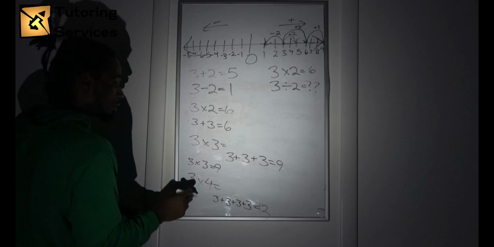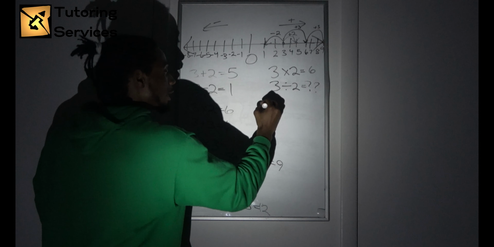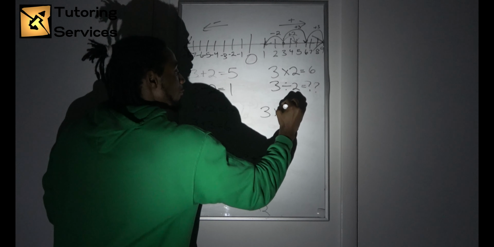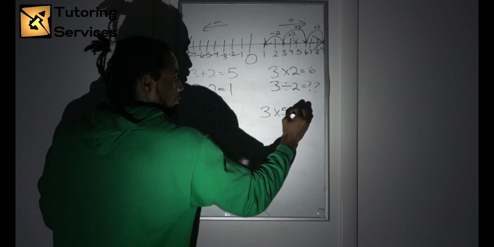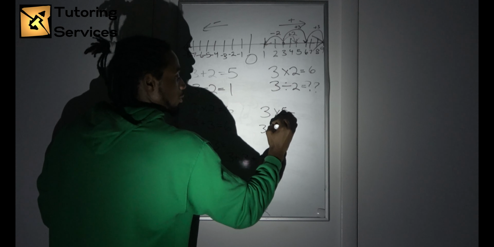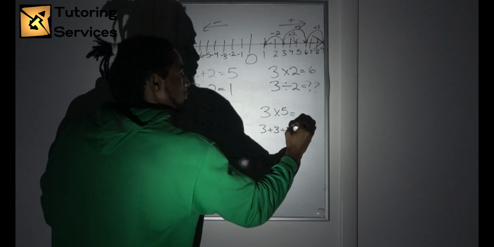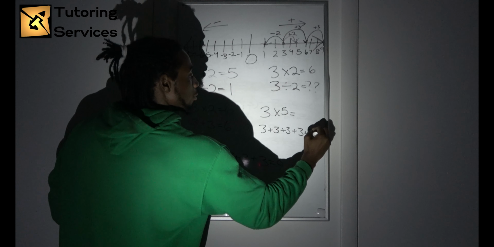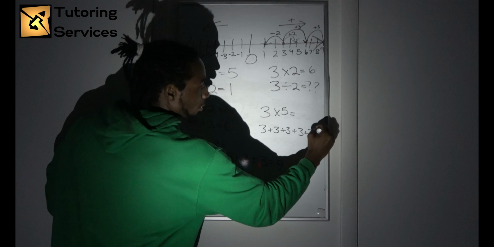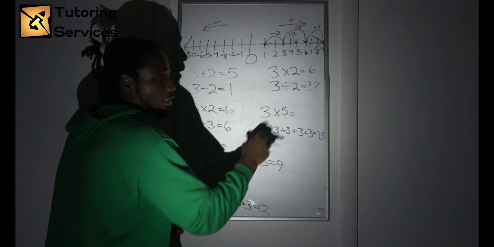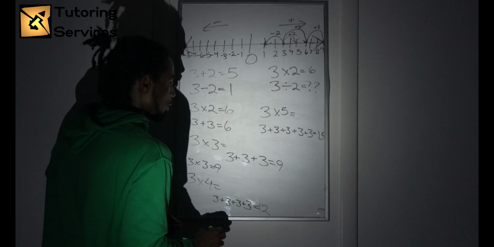So 3 times 3 is 9, and 3 times 4 is 12. 3 times 5 is 3 added to itself 5 times, which we know ends up being 15, and so on and so forth.